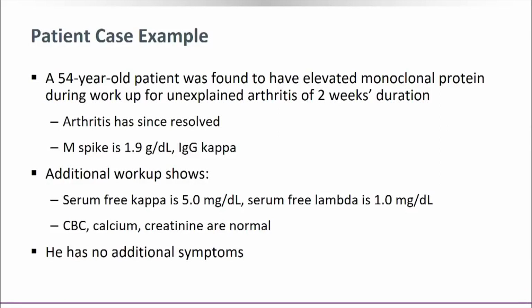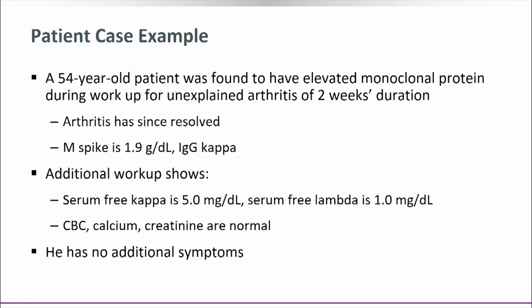Can we go ahead with the questions first? I have 3 questions to start off with. We'll start with the first patient, a 54-year-old man found to have elevated monoclonal protein. Monoclonal spike is 1.9 IgG kappa.